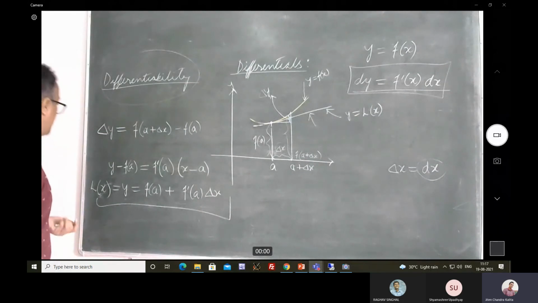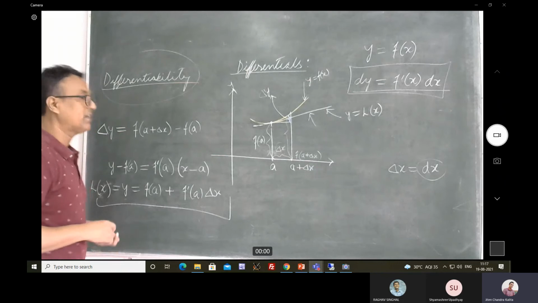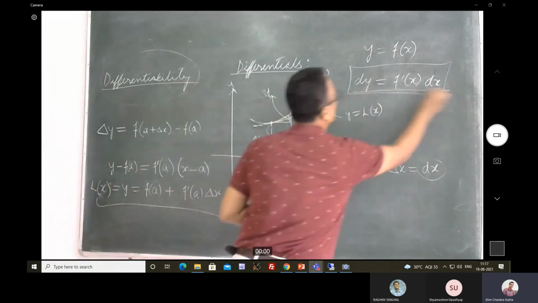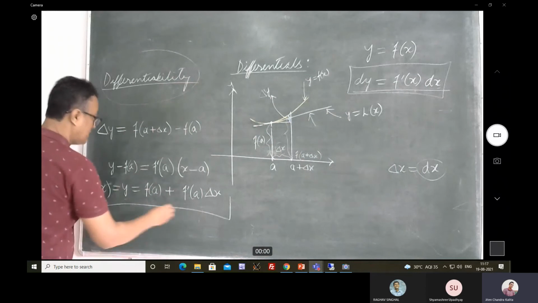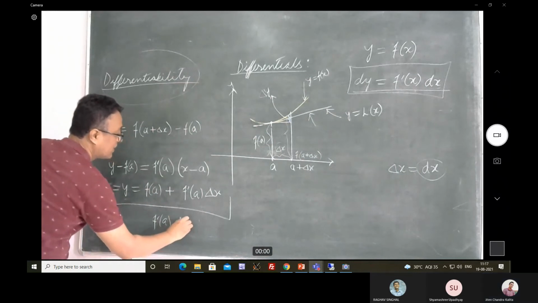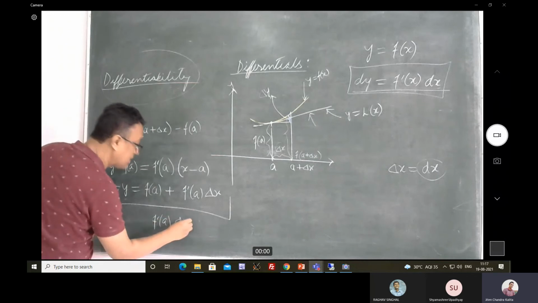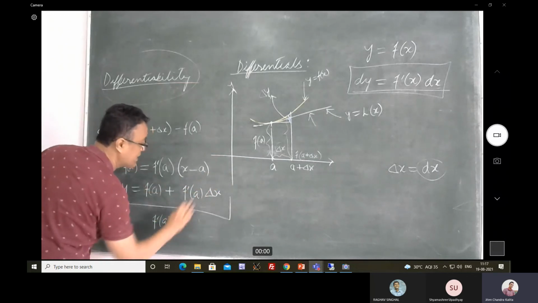Then you will see that if I consider this formula for the differential at the point a, it is simply f prime a delta x, and for the independent variable I am simply writing delta x as dx.